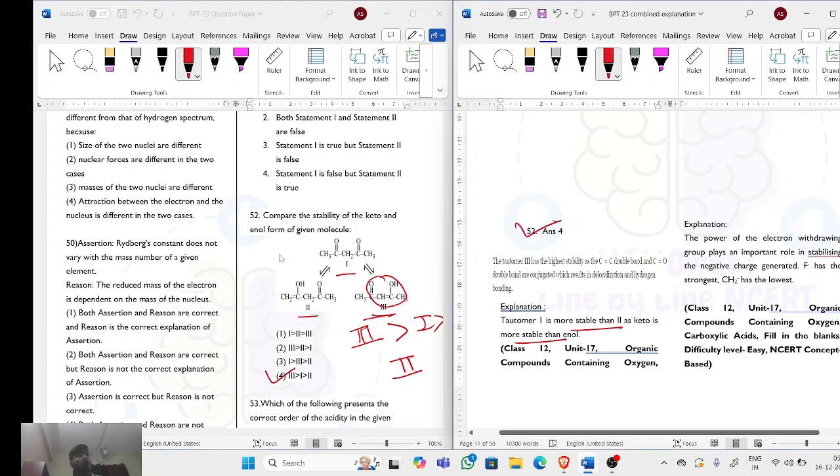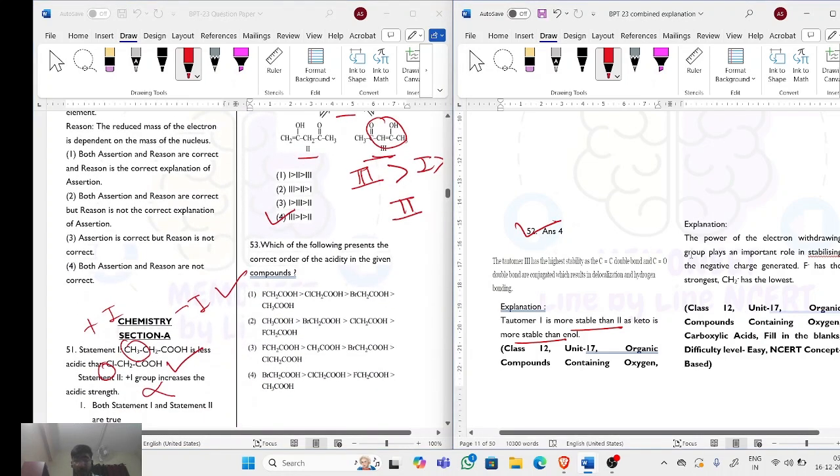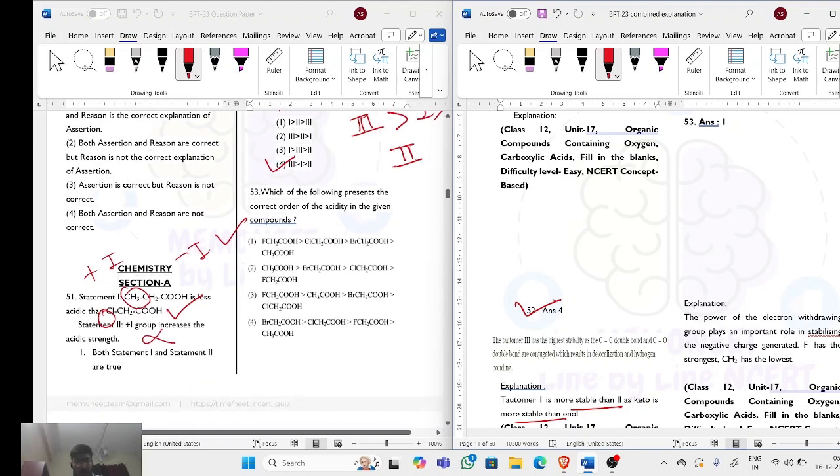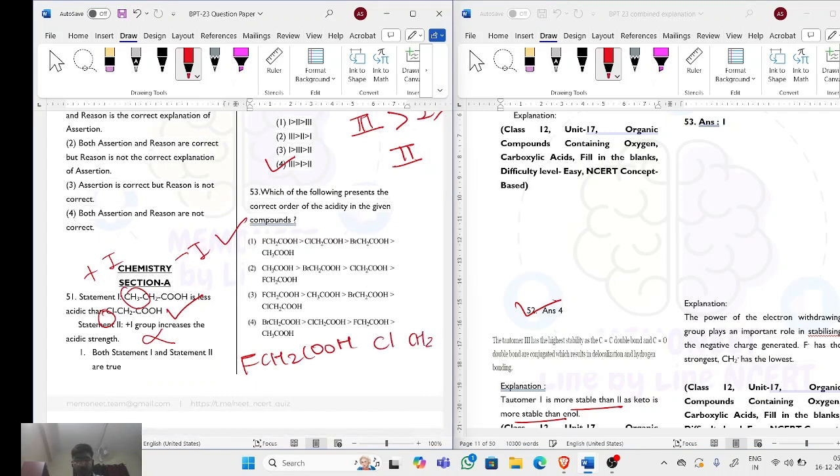Now coming to question number 53. Which of the following presents the correct order of acidity in the given compounds? Here we are given FCH2COOH, ClCH2COOH, BrCH2COOH, and CH3COOH. In the last one nothing is present, so it is a neutral compound.